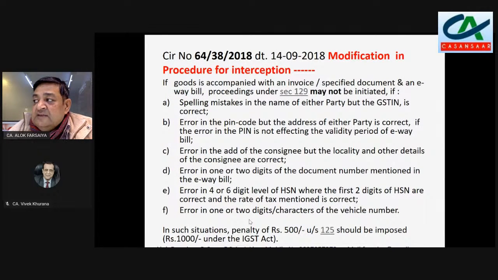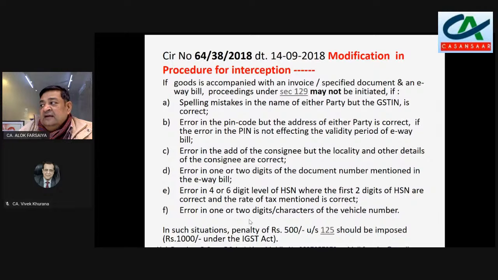They specified 6 types of errors, in which the department said if, while checking the goods, these sorts of errors are found, then there should not be any detention of goods, and the goods should be released by charging only 1,000 rupees as penalty, a token penalty.